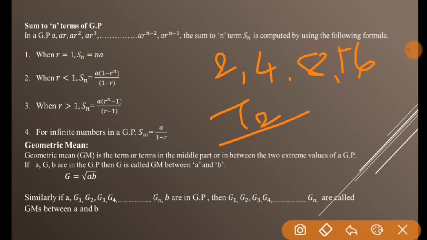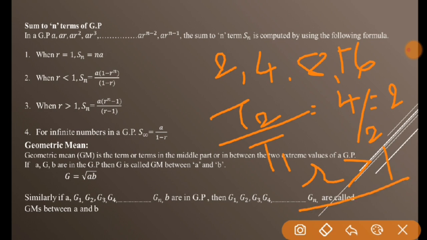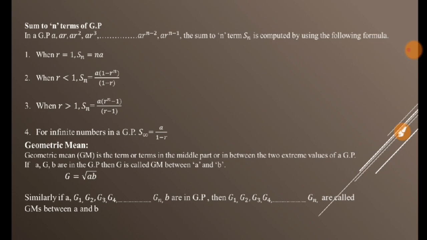So T2 by T1, you're getting how much? 4 by 2, that is equal to 2. Here R is greater than 1, so we are going with the third formula. So like this, you have to decide the formula based on the value of the constant ratio. You will understand this while solving the sum. Try to remember this. All formulas are very important.